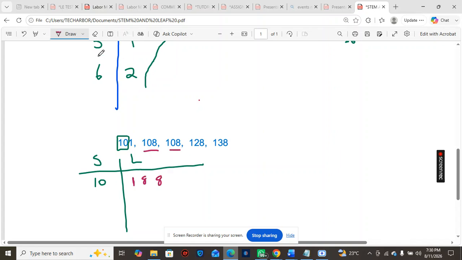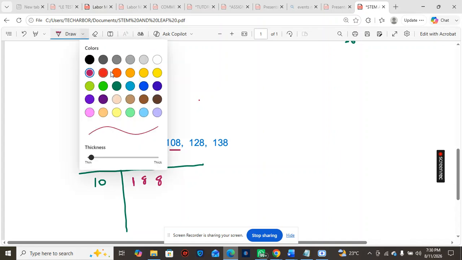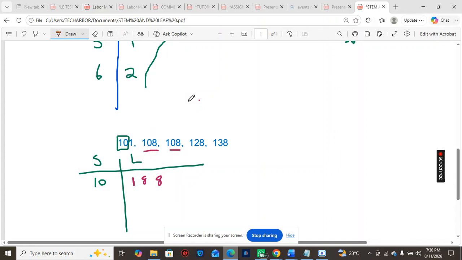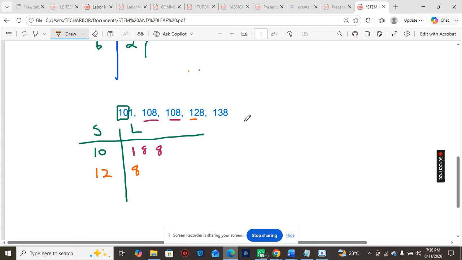Then 128, put 1, 2 there. Then 138, just put here 1, 3, and the 8.